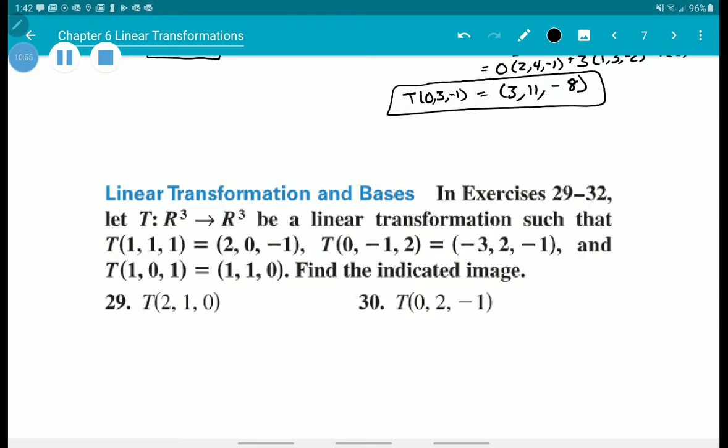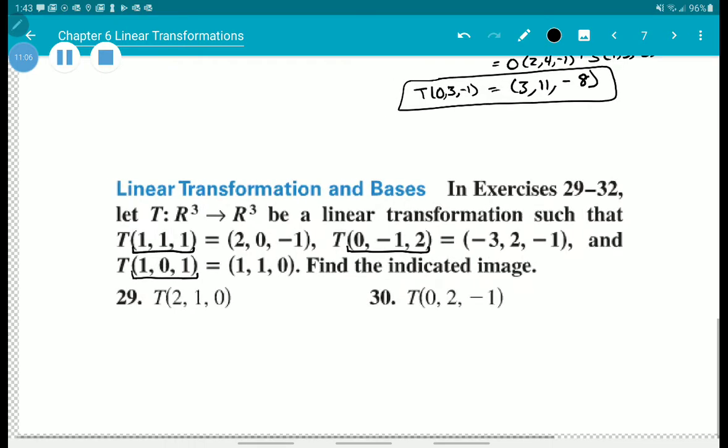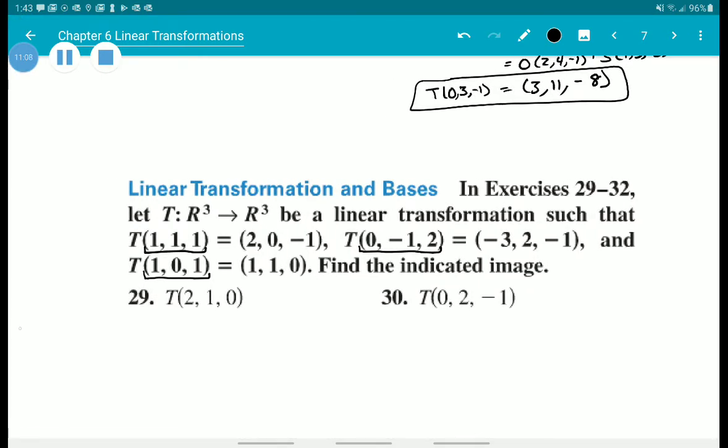So our approach is going to be the same. The only difference is now we're not dealing with IJK. We have other vectors here. So we've got to figure out how can we write that linear combination, because that's our first step. So we want to write the vector 2, 1, 0 as a linear combination of 1, 1, 1, 0, negative 1, 2, and 1, 0, 1.